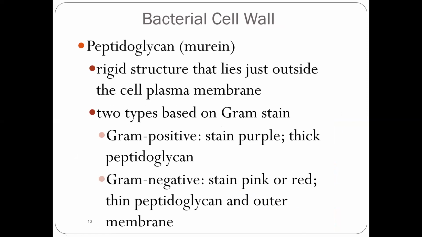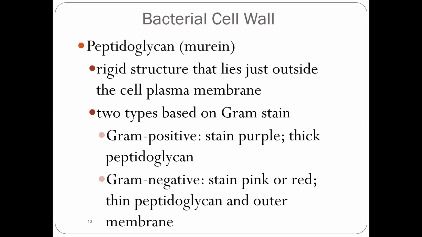Gram positive stains purple, or we say blue, because it has a thick peptidoglycan, and gram negative stains pink or red, because they have thin peptidoglycan. And also there's an outer membrane system. There are two areas for that: one called the lipid area, one called the cell wall area. That determines why the bacterial cell wall can be used for differential staining, which is called the gram stain.